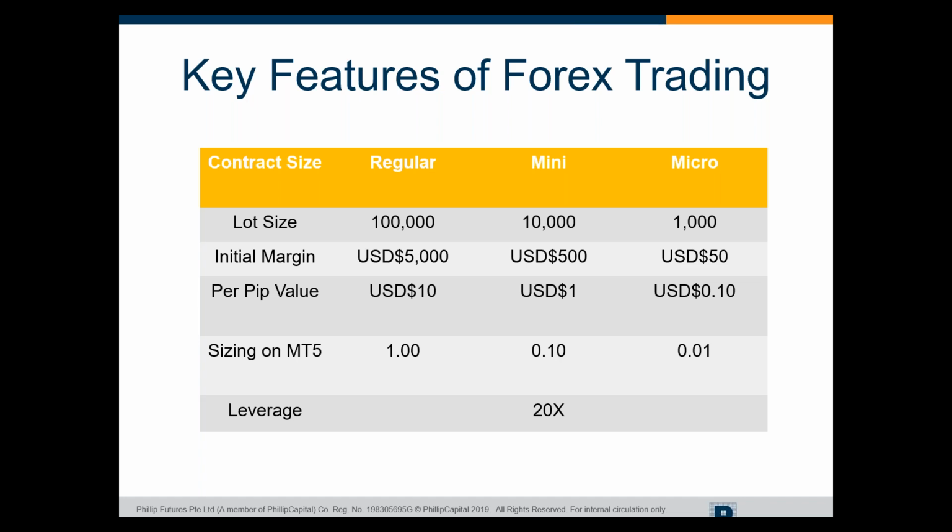At the end of my presentation, I'll go through how to place an order or enter into a trade, and you'll be able to see how you adjust the sizing depending on your risk appetite or the volume that you want to trade. All in all, the leverage is about 20 times, and that's the minimum and maximum that we're offering. We don't offer anything less or anything more.